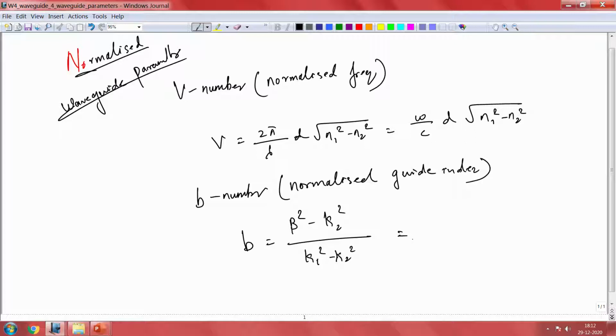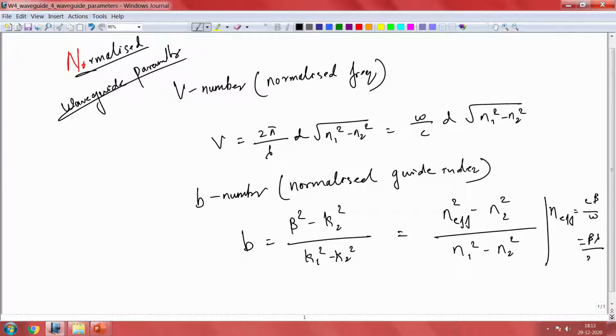Or you can convert this into refractive index. We know beta, so beta squared is nothing but n effective squared. k2 is the propagation constant in medium 2, that is given by the refractive index n2, and similarly for n1. So, n effective is nothing but c beta over omega, or beta lambda over 2 pi. This is the effective refractive index, we already saw in the earlier lectures.